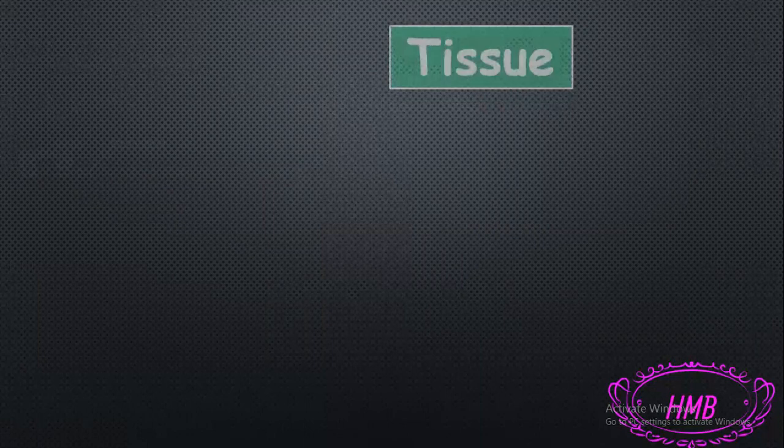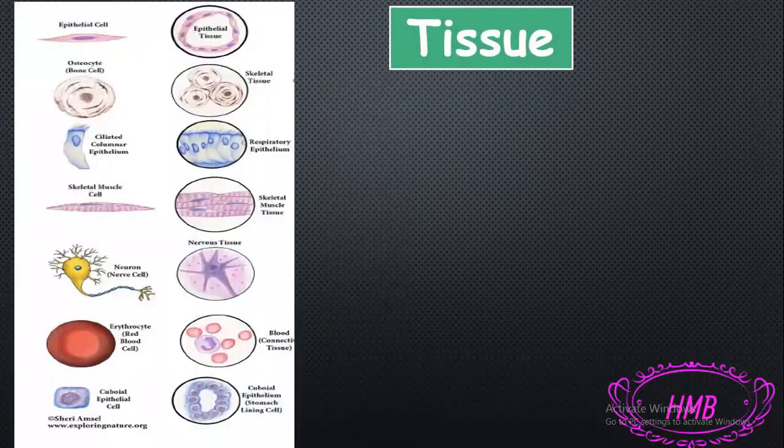Now, these cells, as you can see here, for example, I have one cell, and this one cell is called an epithelial cell. It comes from the single cell that makes my body. This epithelial cell will not stay as only one cell. It will reproduce and double itself to give me many cells.